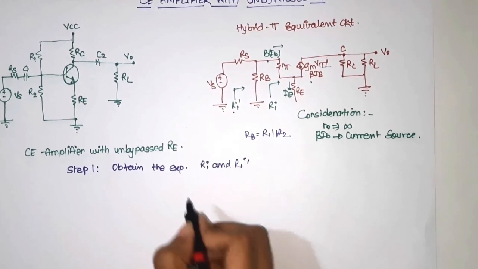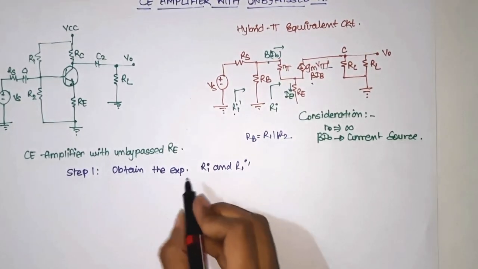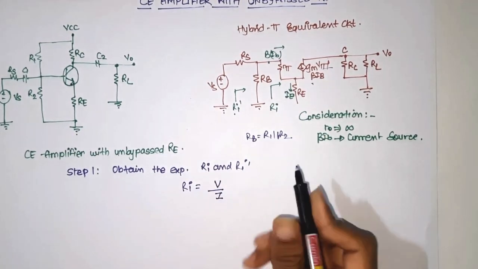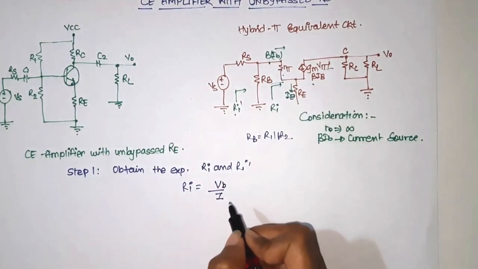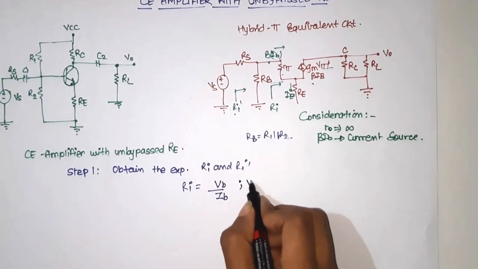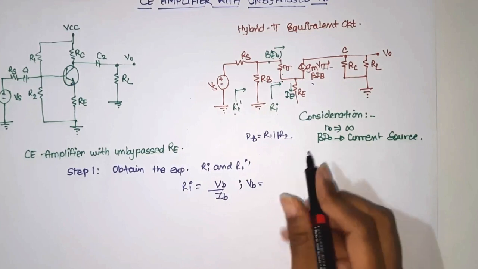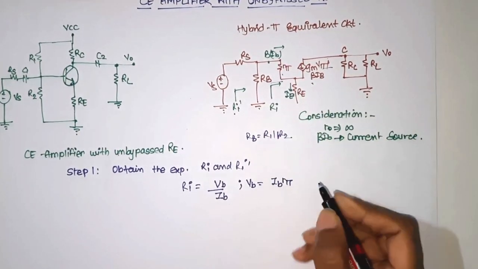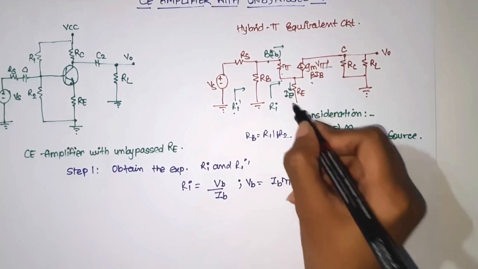First we will write the equation of Ri. As we all know, resistance is equal to voltage upon current. Ri is over here, so the voltage across here is VB and the current is IB. Now we need to find the value of VB. Using KVL, the value of VB is IB times R pi, the current flowing through it being IB and resistance R pi, plus the current flowing through RE, which is IE, with RE grounded.